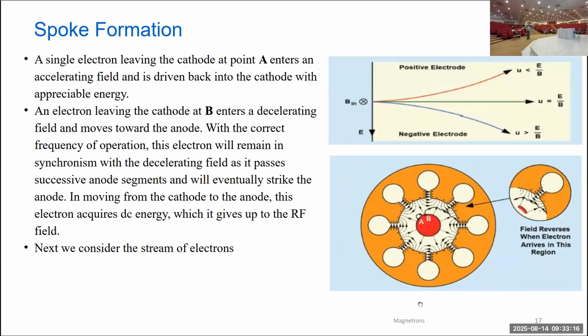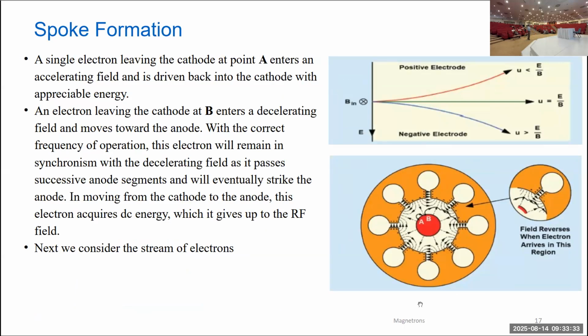A single electron leaving the cathode at point A here enters an accelerating field and is driven back into the cathode with appreciable energy, and it hits the cathode and produces heat.